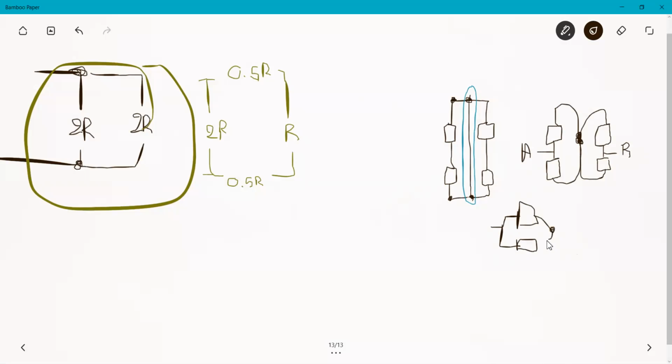Single node in the middle. There we go. Do you get it now?